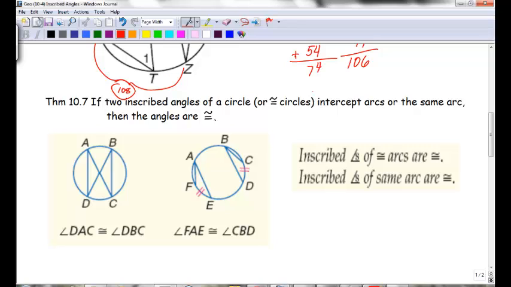They give you another example there. Inscribed angles of congruent arcs are congruent, and inscribed angles of the same arc are congruent. They have to show it on the picture. Like if those arcs are congruent, then FAE is congruent to CBD.